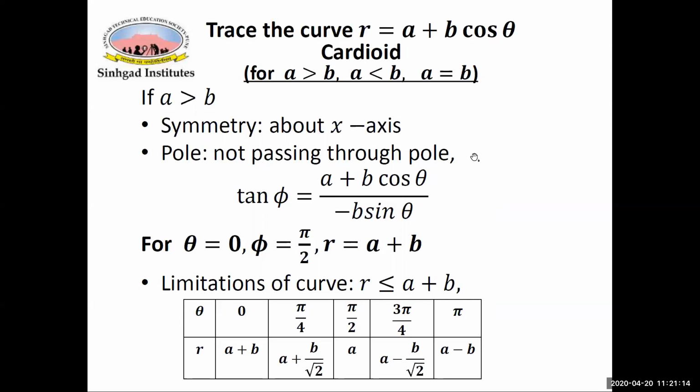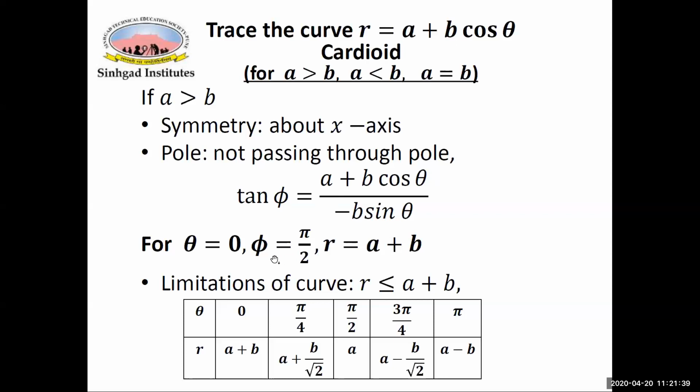Now, find the value of tan phi. The value of tan phi is A plus B cos theta divided by minus B sin theta. For theta equal to 0, tan phi will be infinity. Hence, phi is pi by 2.